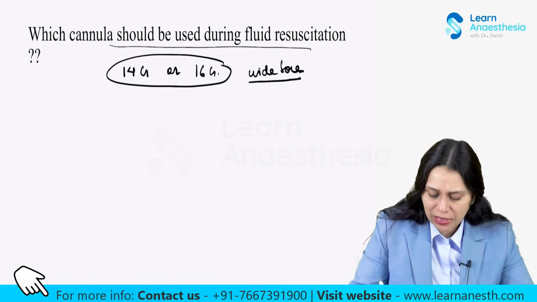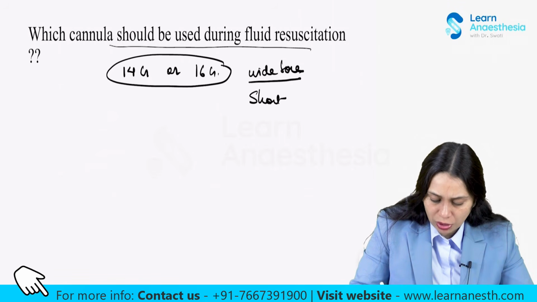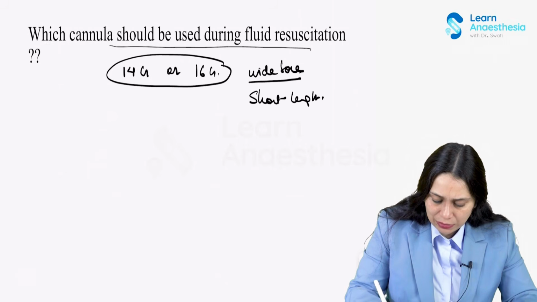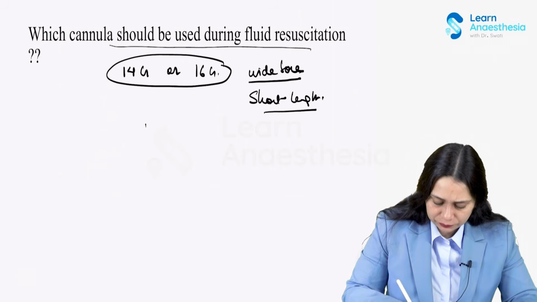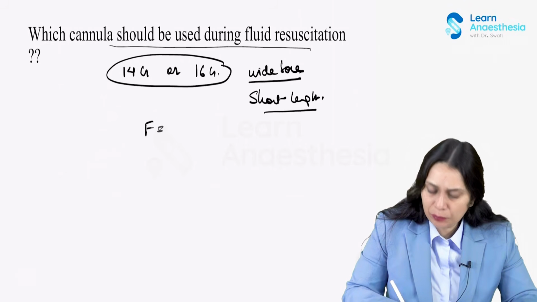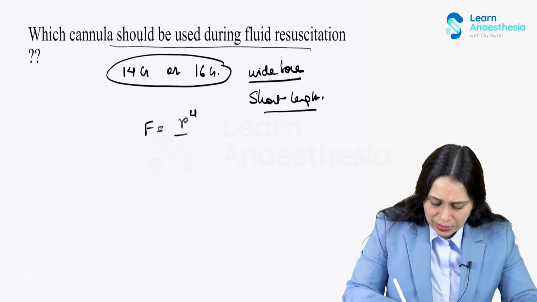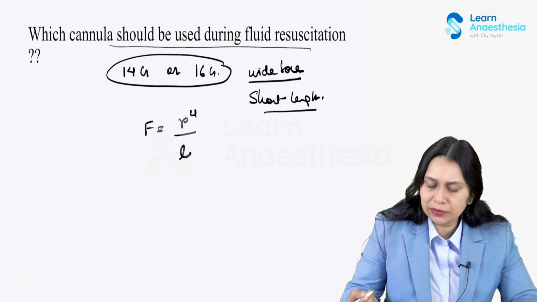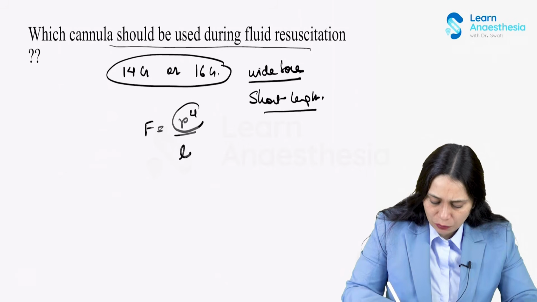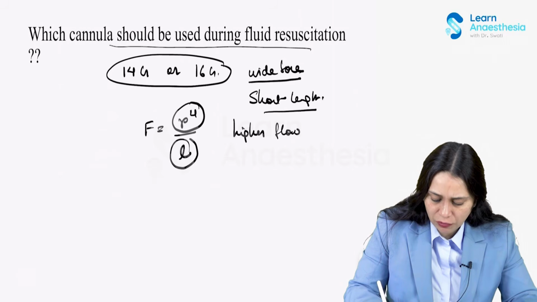These cannulas have short length also. Flow is directly proportional to the radius and inversely proportional to the length. So if it has more diameter and less length, it will produce a higher flow of liquid.